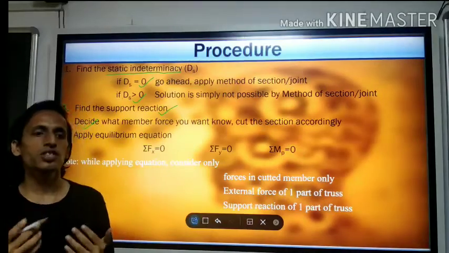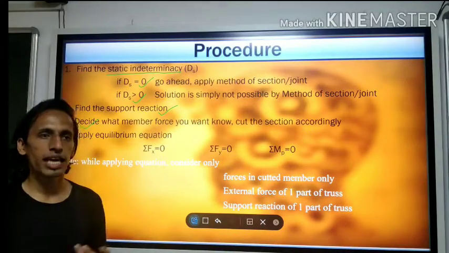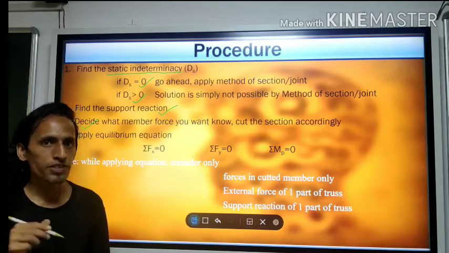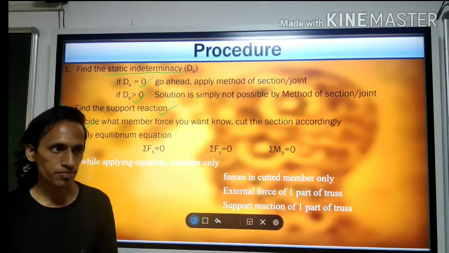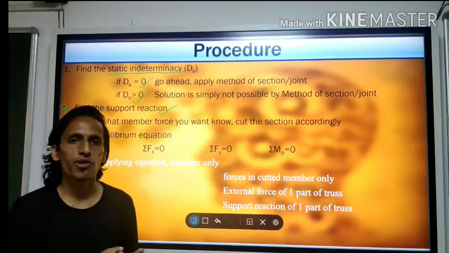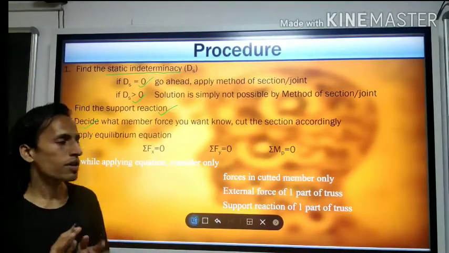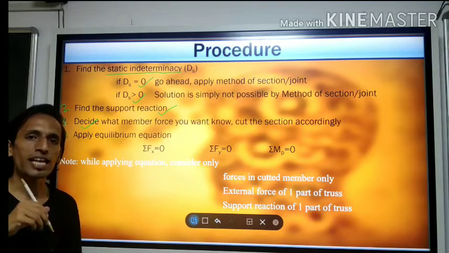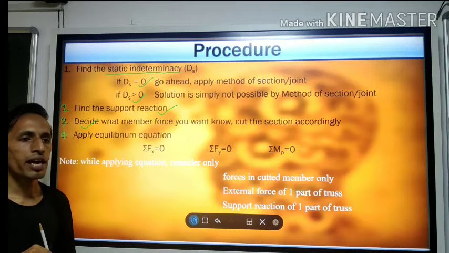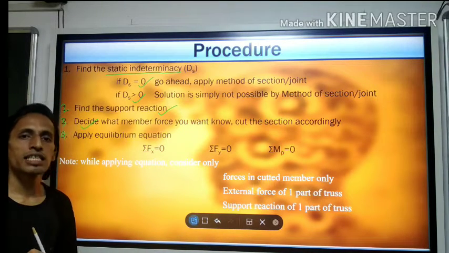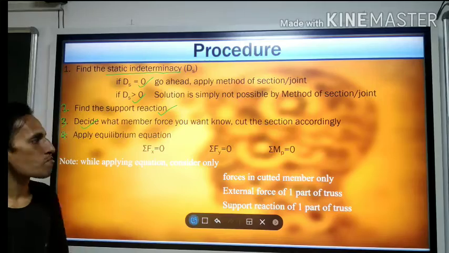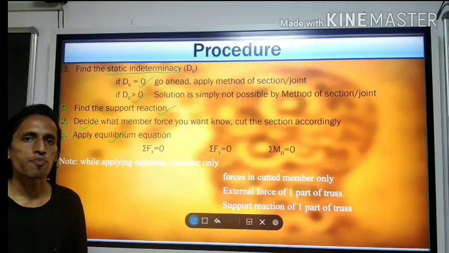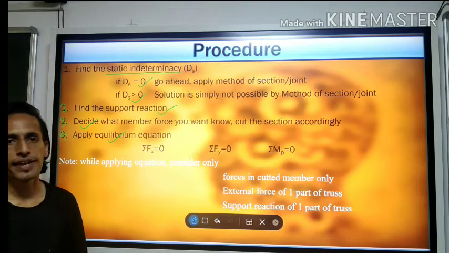It should not be like, let's cut this and see what happens. No, first decide what you want to do, then cut the section. We will see this in a question, but right now we are going through the procedure. Once you have decided that I want to calculate this value, then you cut the section. The next step is you have to apply the equilibrium condition. Then you can calculate the value.